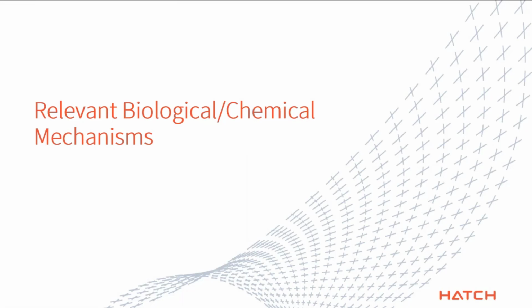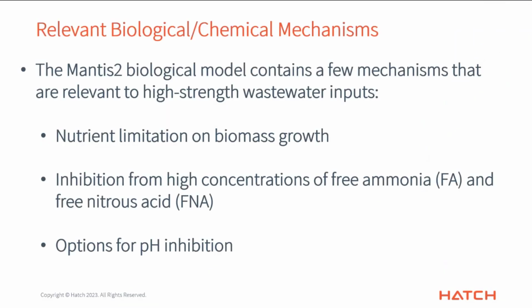Now, the last thing is I wanted to talk a little bit about the relevant biological and chemical mechanisms in the Mantis 2 model that come into play when we get into working with these kinds of concentrations. The Mantis 2 biological model contains a few mechanisms that are relevant for very high strength wastewater inputs. One of those is nutrient limitation on biomass growth. That's a common thing.